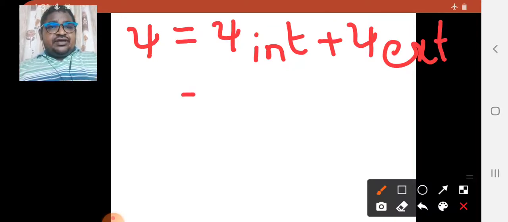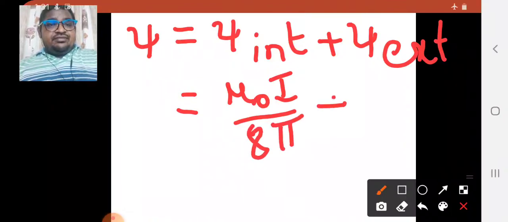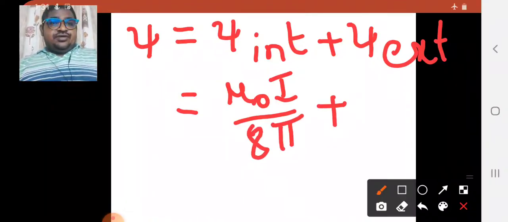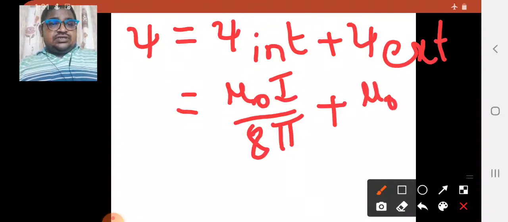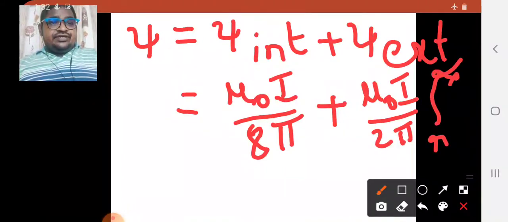Then you can write mu naught I by 8 pi, plus mu naught I by 2 pi times the integral from r to infinity of 1 by x dx.